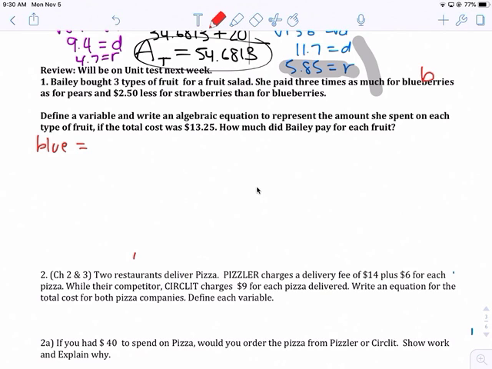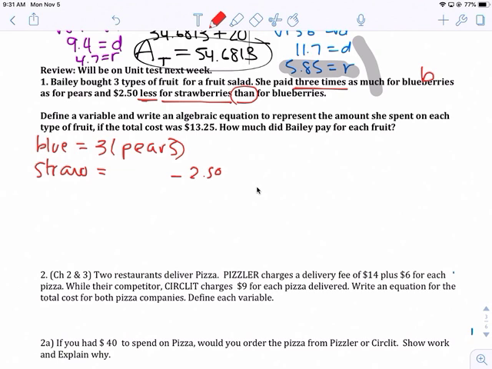As for pears, blueberries cost 3 times as much as the pears. For strawberries, we're paying $2.50 less than the pears, so you flip it: minus $2.50 here.